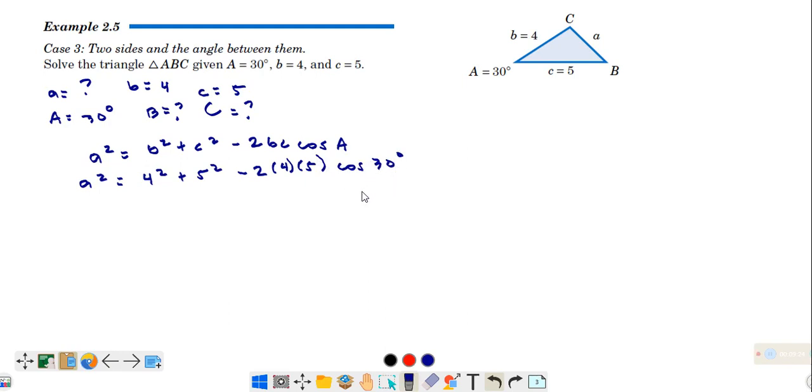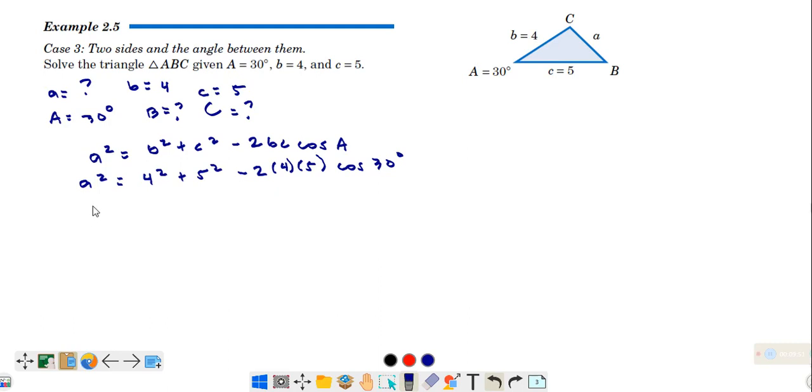O, ilang beses na natin kinuha yung trigonometric function values ng mga special angles, ha? 30, 45, 60, 90, 180. Dapat kabisado nyo na yan. Kung hindi pa, may scientific calculator naman. Allowed naman yan sa LET. So, i-best friend nyo yung scientific calculator nyo kung hindi nyo siya makabisado.